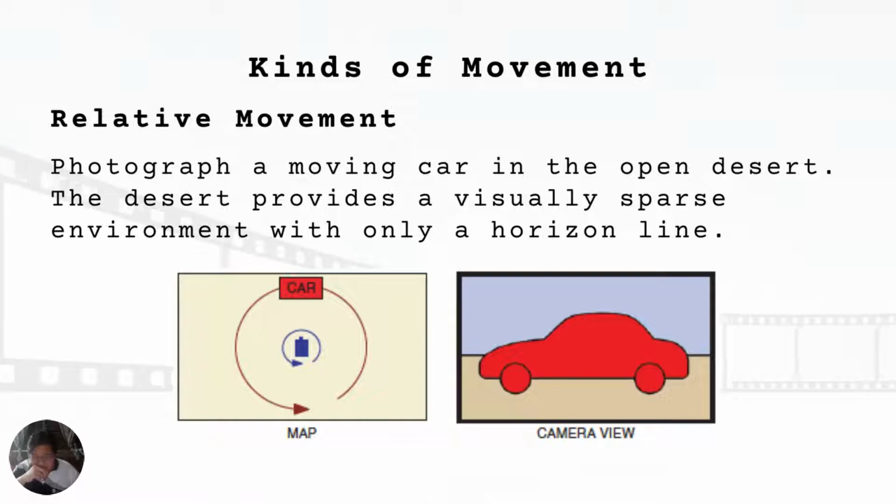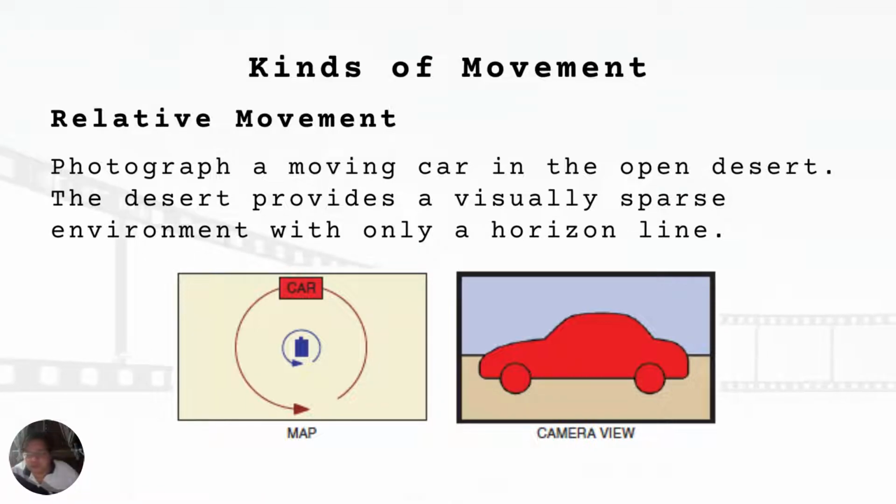Okay? Now, imagine the car moving in a circular pattern, and the camera is in the center, panning relative to the movement of the car.